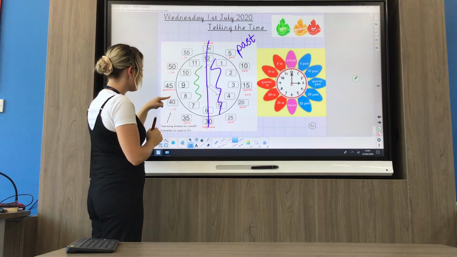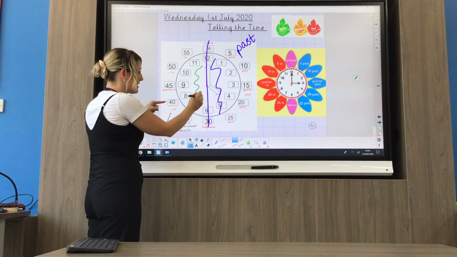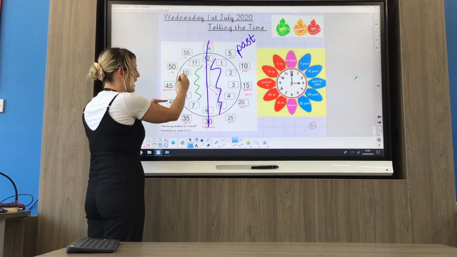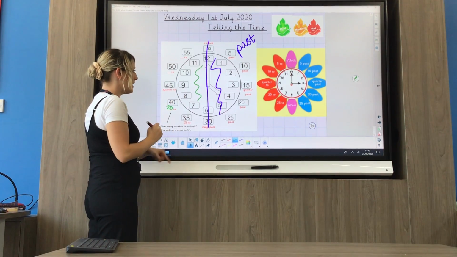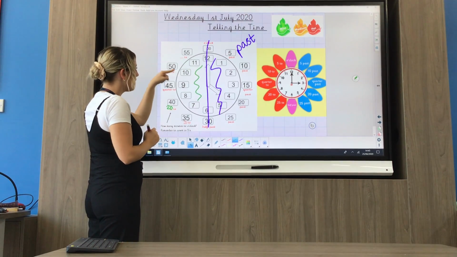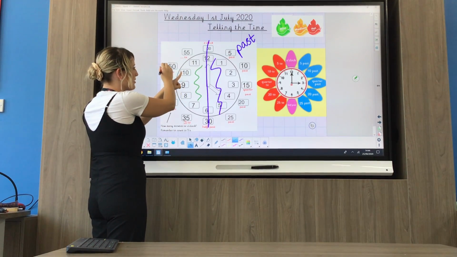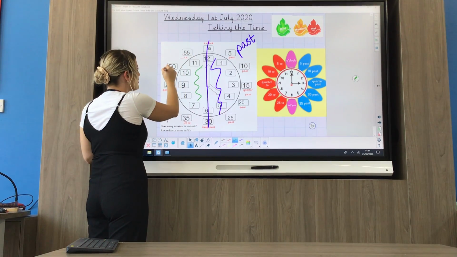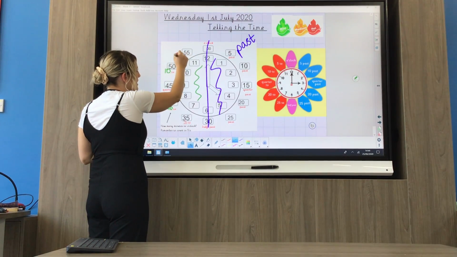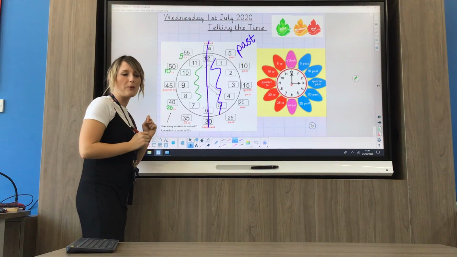Then 40 minutes past the hour, we say that is 20 to. Then we've got quarter to, and the 10, which represents 50 minutes, and that's 10 to, and then it would be 5 minutes to the hour.